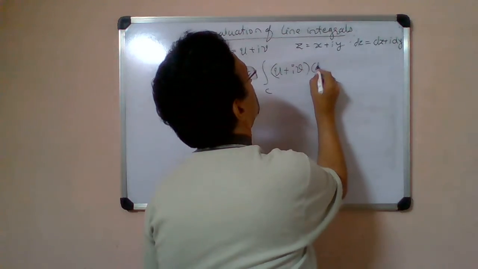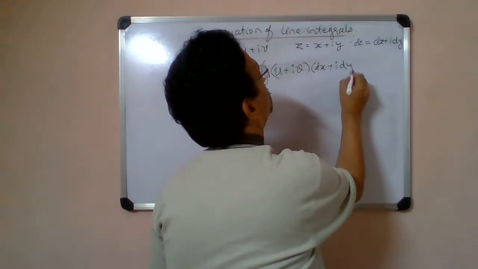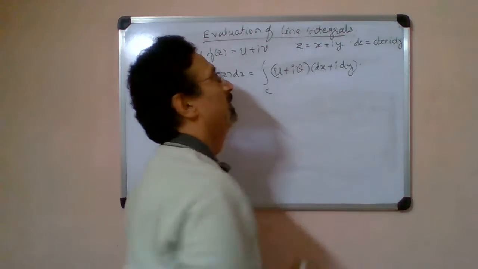Instead of dz it is dx plus i times dy, right?